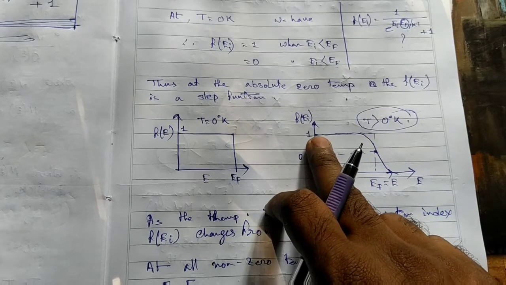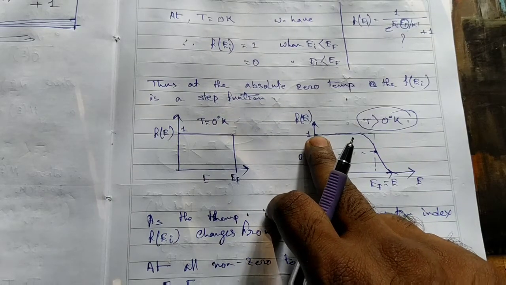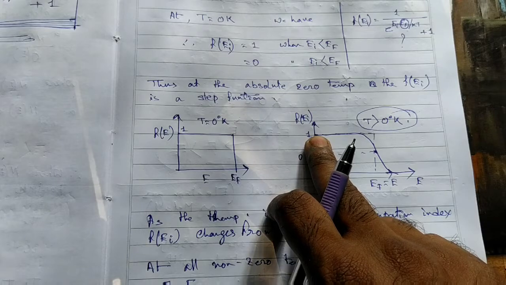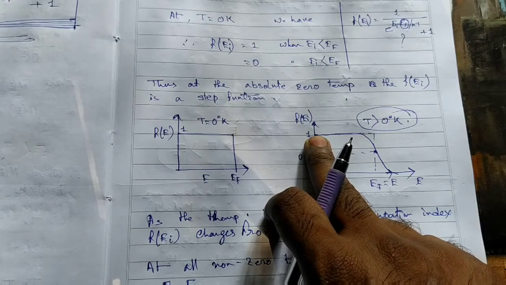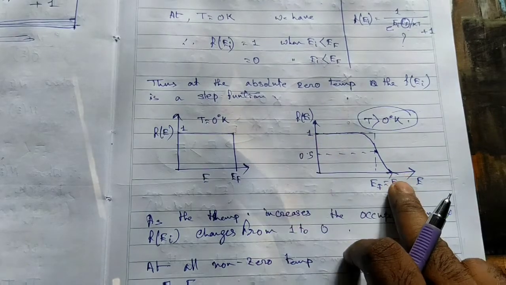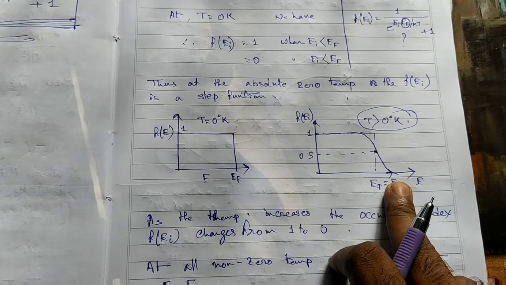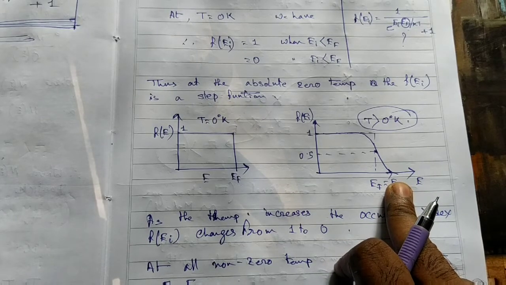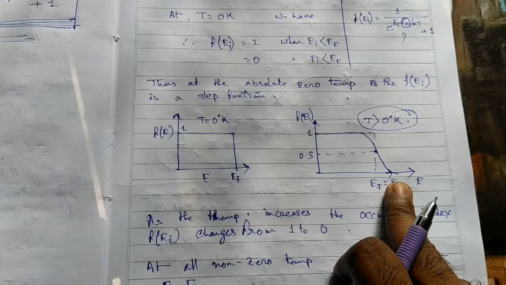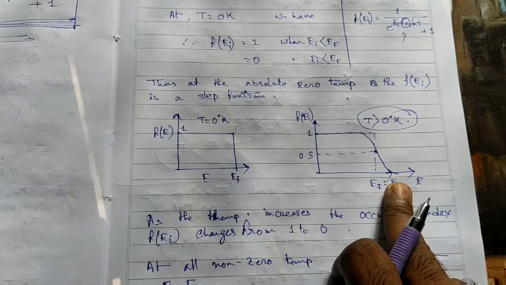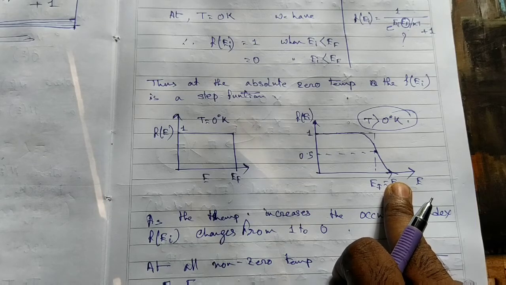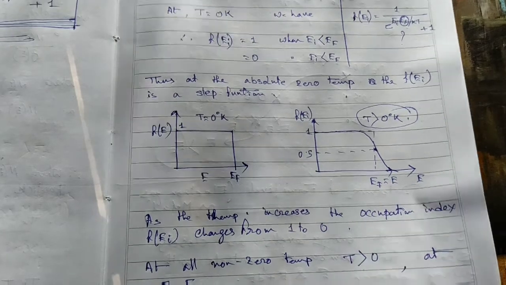At E less than EF, all electrons in the system occupy every quantum state. And when the particle energy is greater than the Fermi energy, no electron occupies any quantum state. That means the whole system is freely available.